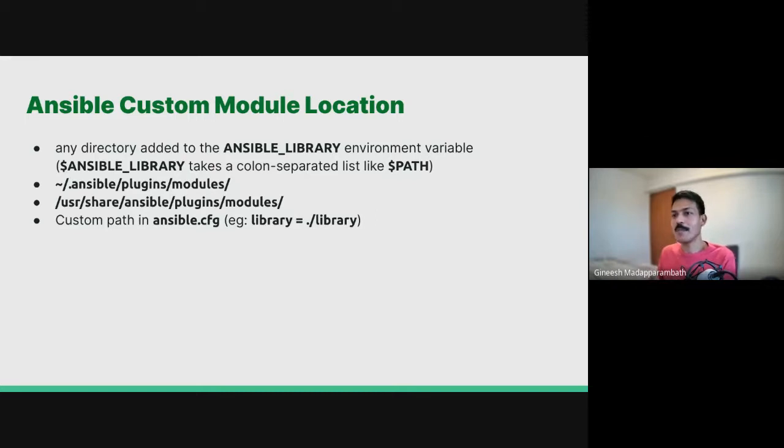Because everything you keep in a local module. So this one is okay for local. Let's say you are only using this machine and only you are using the module, then it's fine. But if you want to share it with others, always keep it in some project directories. Also, you can configure the directory details in the ansible.cfg using the library option. So you put library equal to some directory name. So you have multiple options to configure this custom module location.